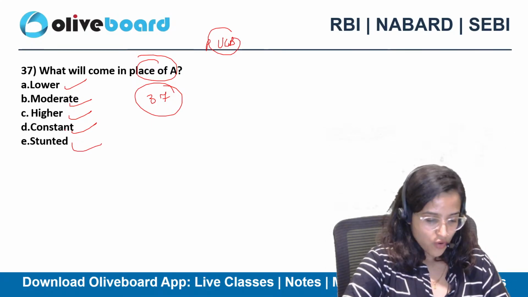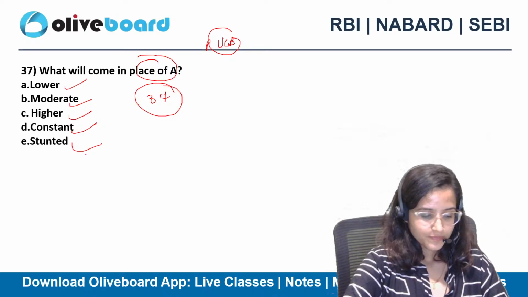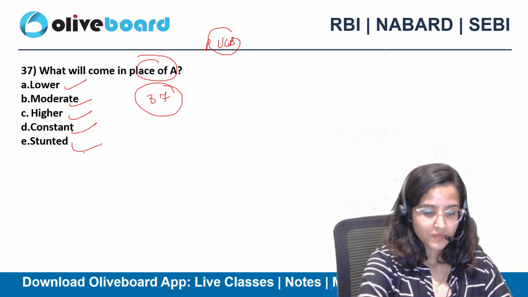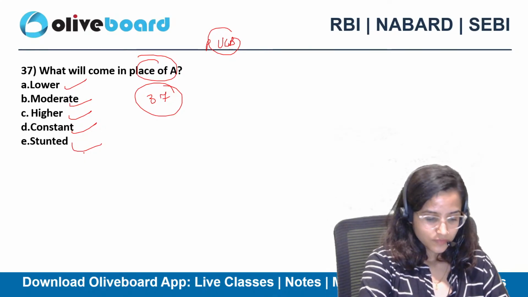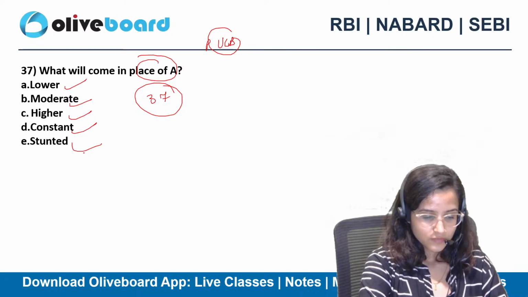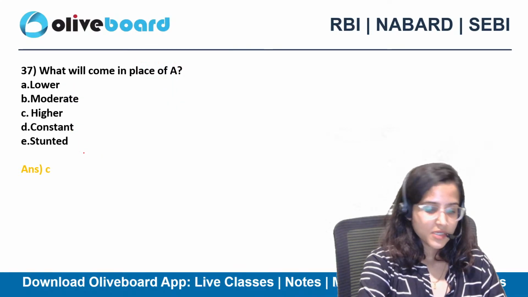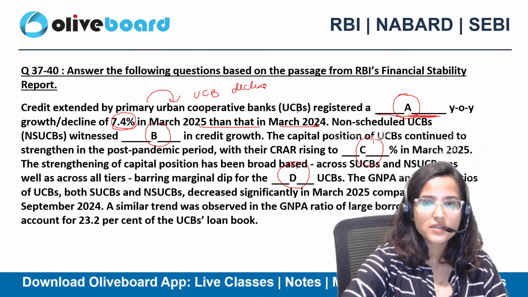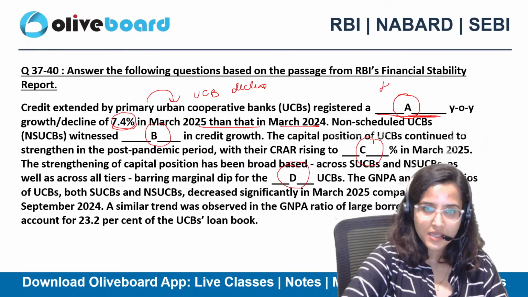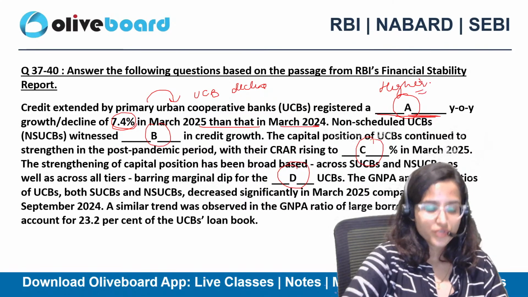Lower, moderate, higher, constant, or stunted? 37th question. Anurag is saying B, but the answer is C. Higher year on year growth decline. ठीक है? Higher year on year growth decline.